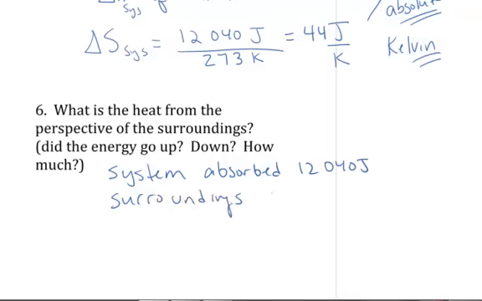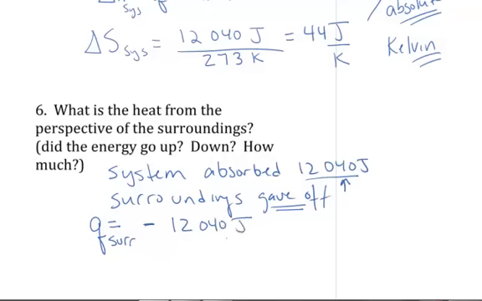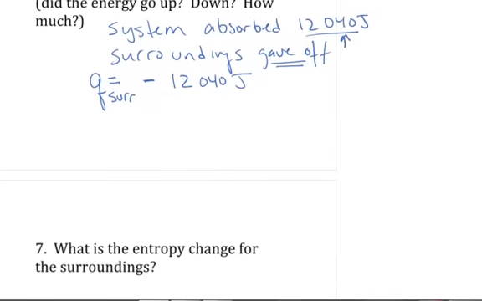So my surroundings gave off that same amount, but the sign is opposite, because whenever any system gives off heat, whether the surroundings or the system, that's a negative value. So that's negative 12,040 joules.